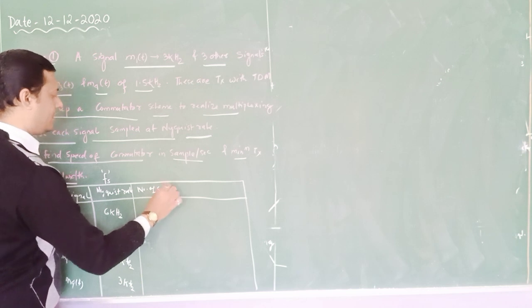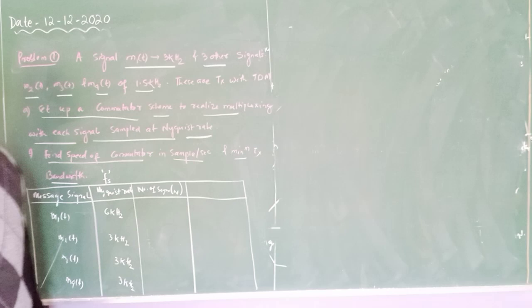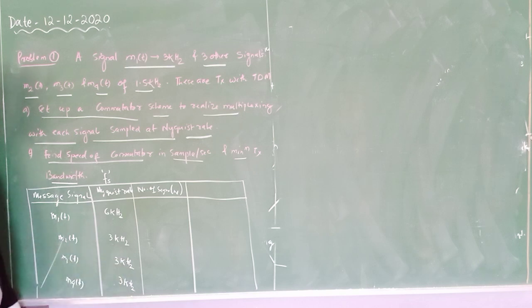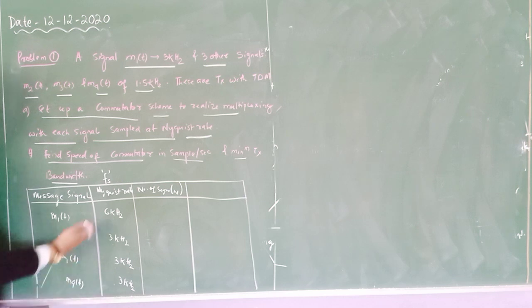Now, the third one is the number of segments, which we have to calculate. That is n. As you can see, here it is 6 kHz, 3 kHz, 3 kHz and 3 kHz. How many segments do we require to combine all these signals? The simple technique is to identify which is the higher frequency component and which is the lower frequency component.